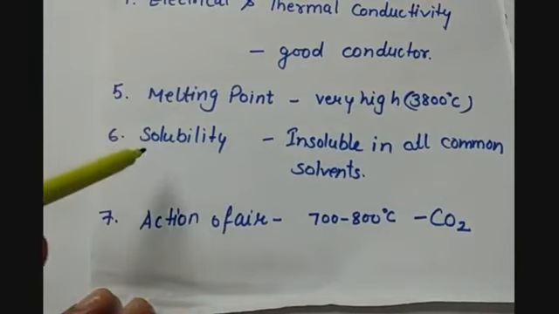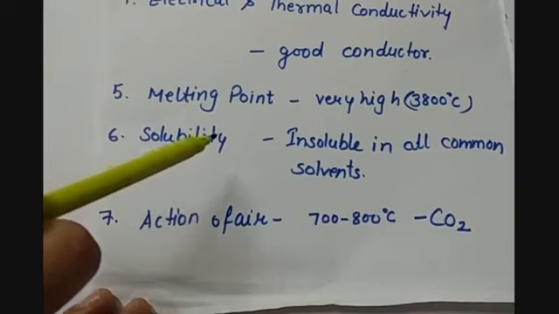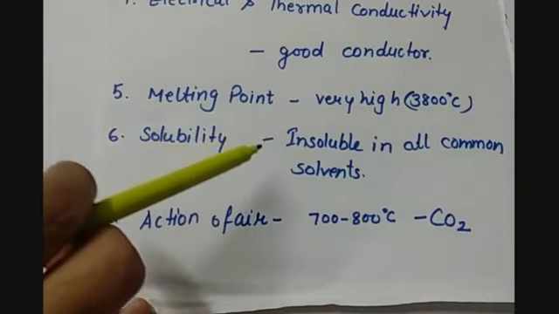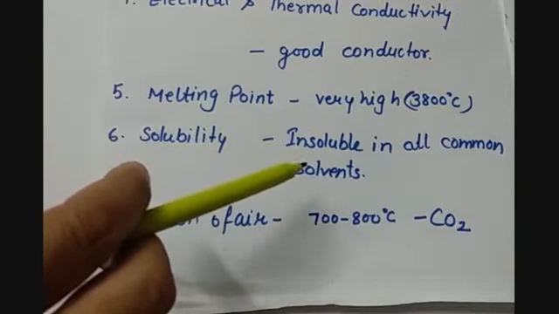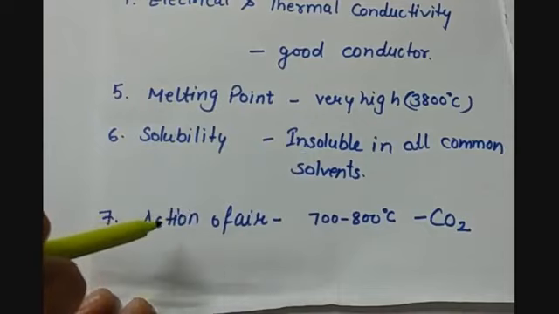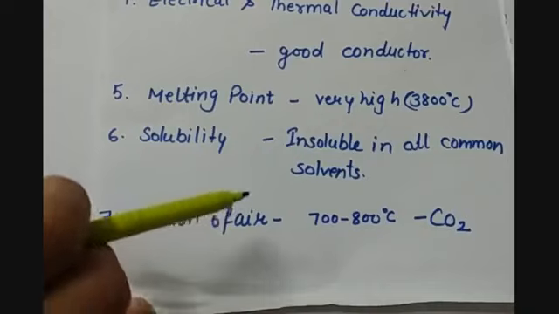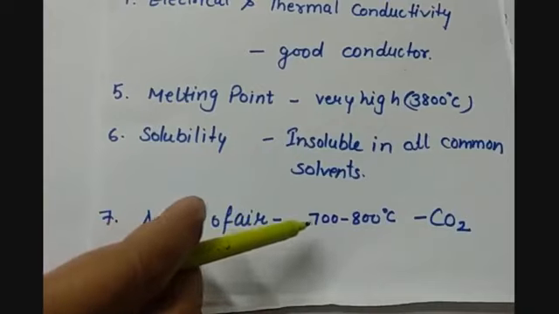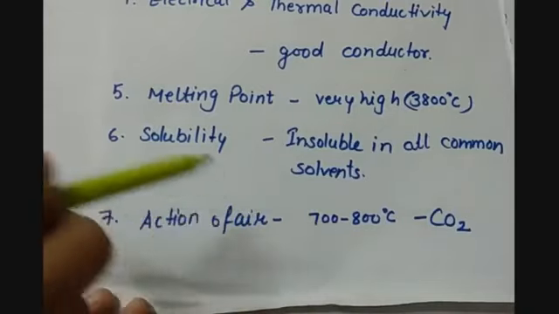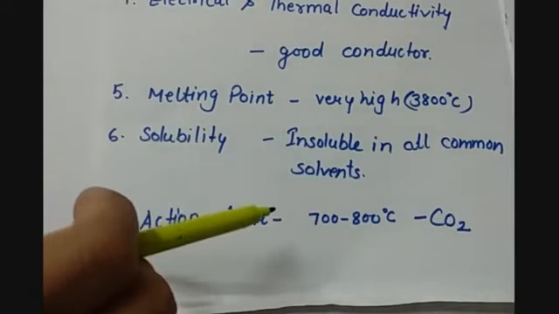If we talk about the solubility of graphite, it is insoluble in all common solvents, and at room temperature it does not react with air, but when it is heated to 700 to 800 degrees Celsius, it burns to give carbon dioxide gas.